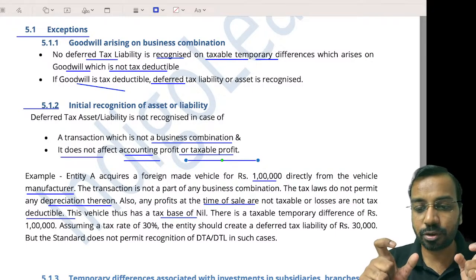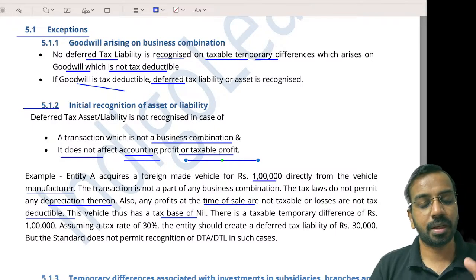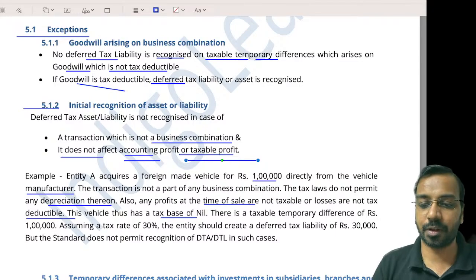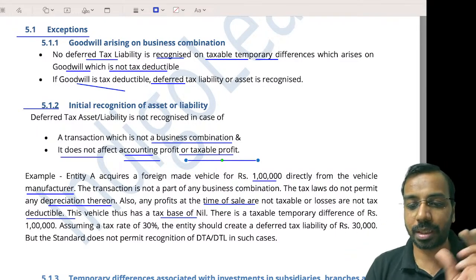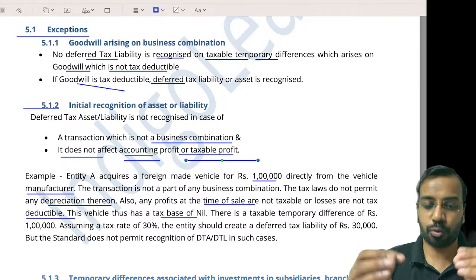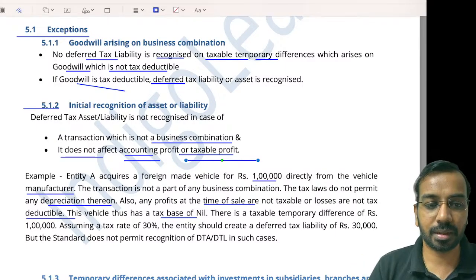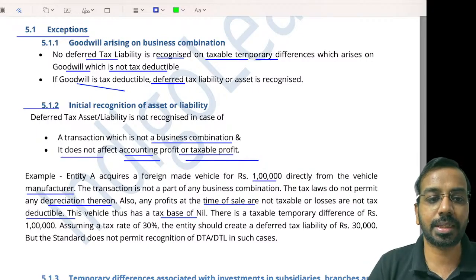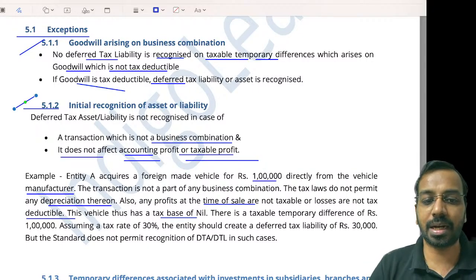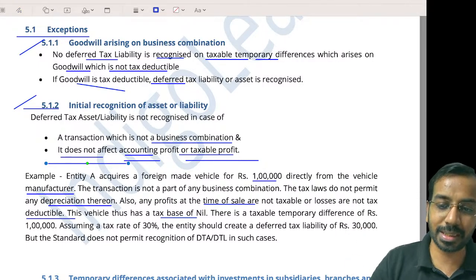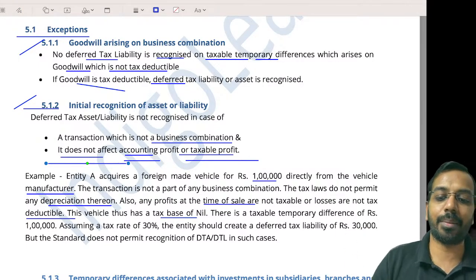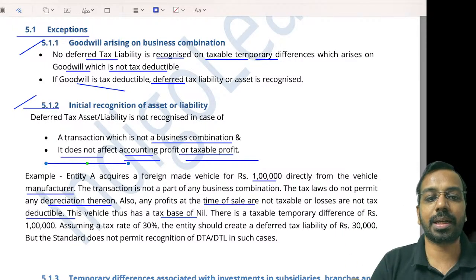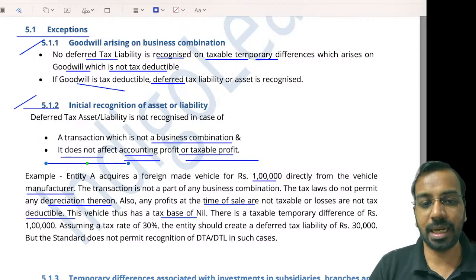Means it should not give rise to the same amount of taxable as well as deductible temporary difference. Means on one side there is taxable, on the other side there is deductible. Such kind of scenario should not happen. So if these three conditions are satisfied, then in that case you do not recognize the DTA or DTL, as the case may be.